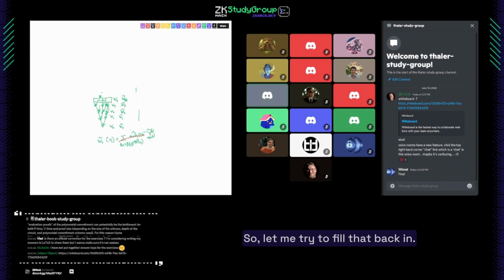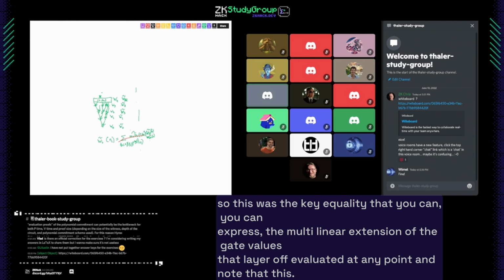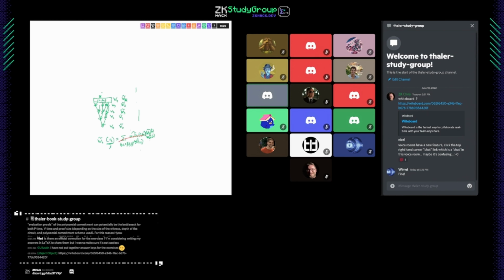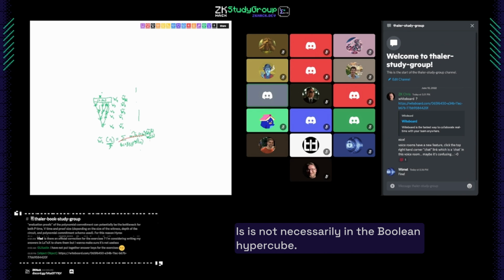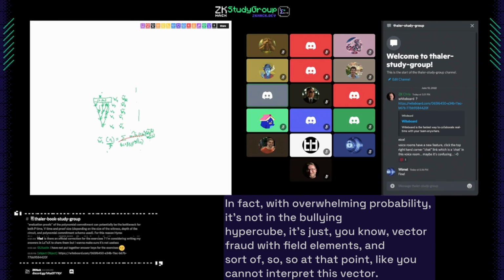Okay. So let me try to fill that back in. Yeah. So this was the key equality, that you can express the multilinear extension of the gate values at layer i evaluated at any point. And note that this is not necessarily in the Boolean hypercube. In fact, with overwhelming probability, it's not in the Boolean hypercube. It's just a vector of field elements. So at that point you cannot interpret this vector.